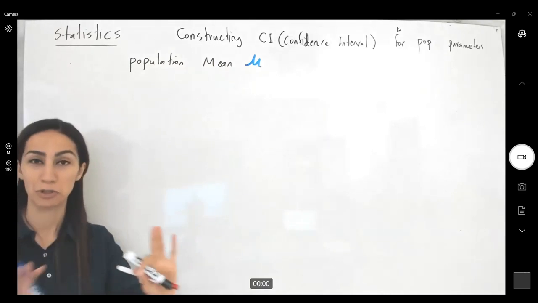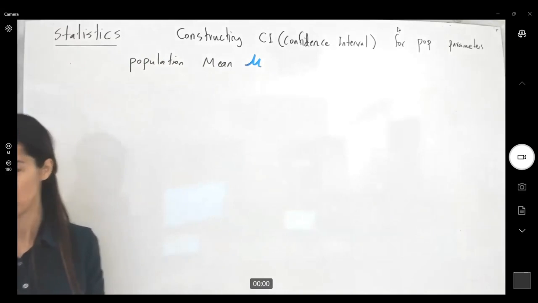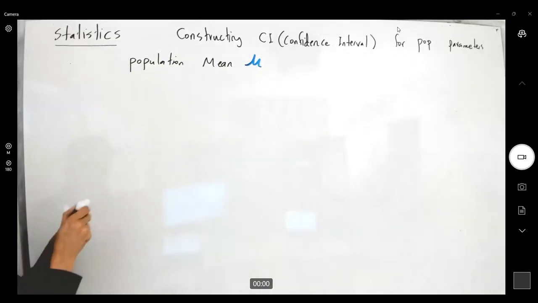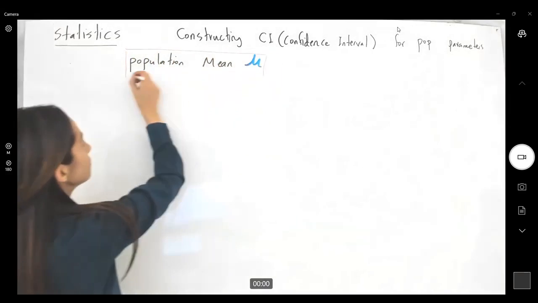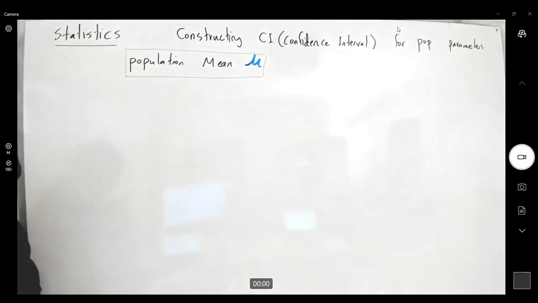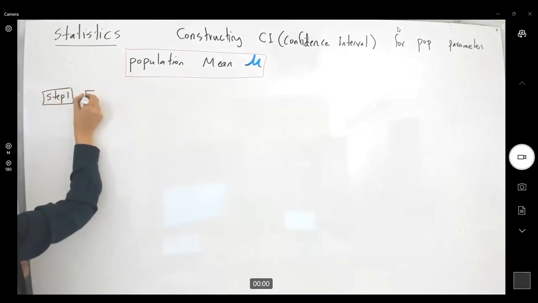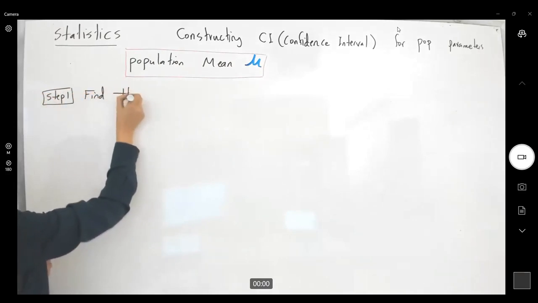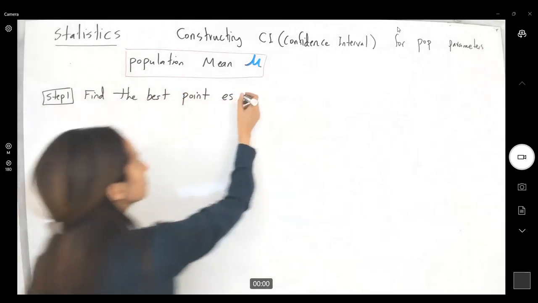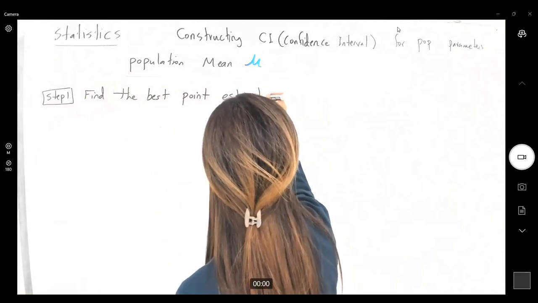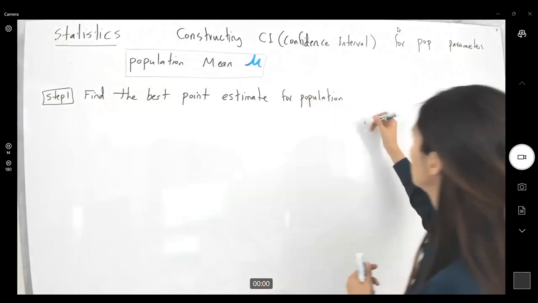So step by step, we're going to write these down, go over the definition, and then go over a couple of examples. Step one, find the best point estimate for population mean.